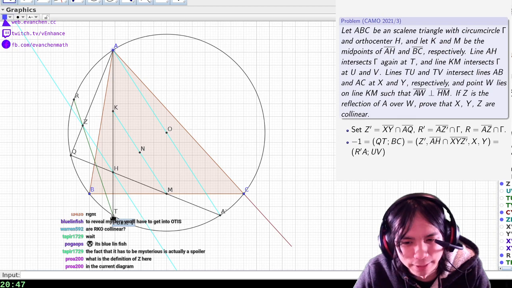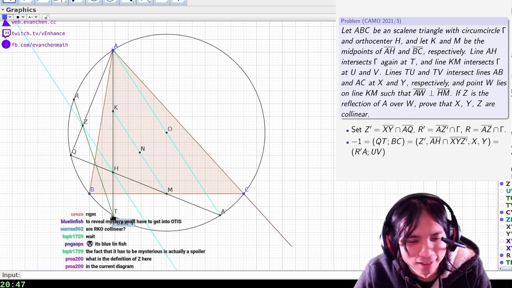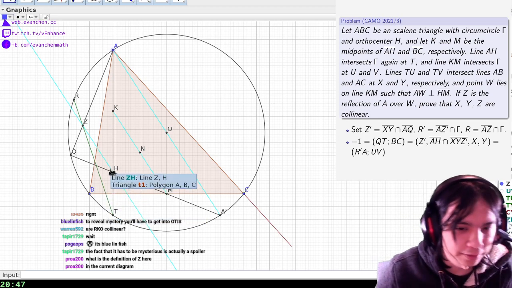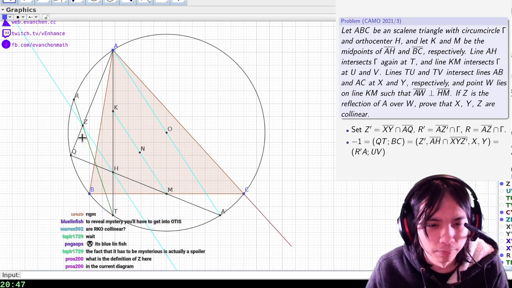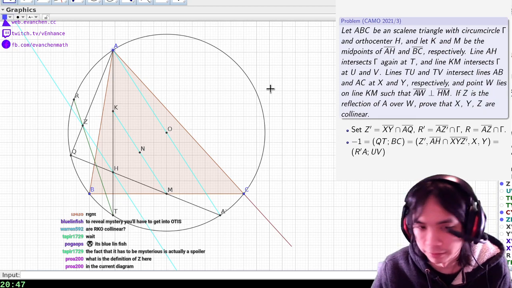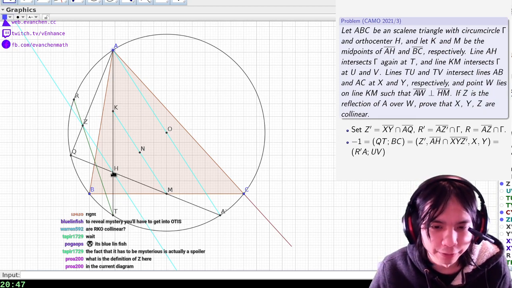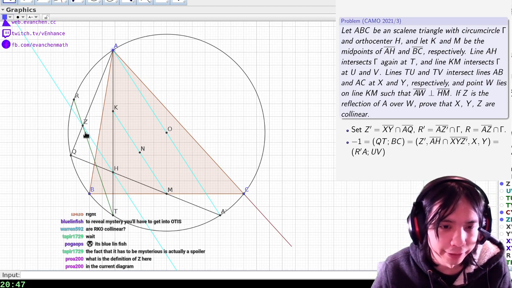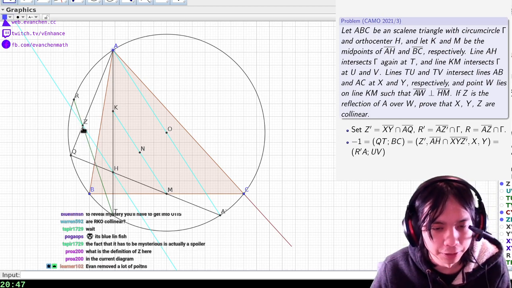Well, actually T kind of matters. What is the definition of Z here? Z is defined as in the original problem. It's the reflection of A over W, but because we got rid of W, you can think of it as the intersection of this cyan line with AQ.